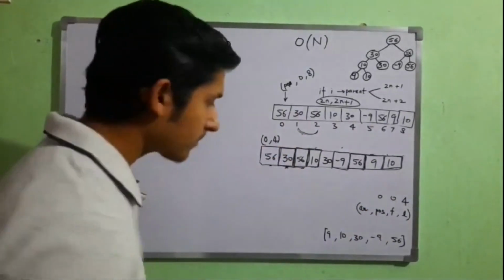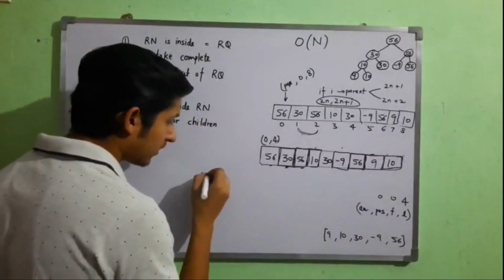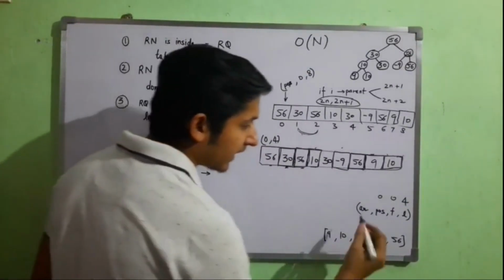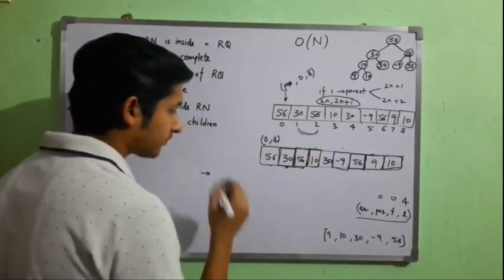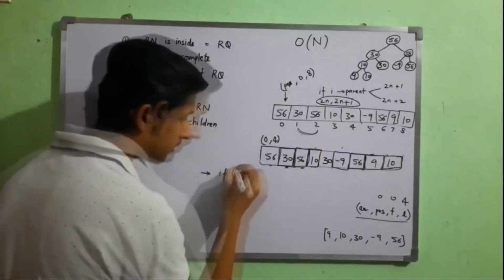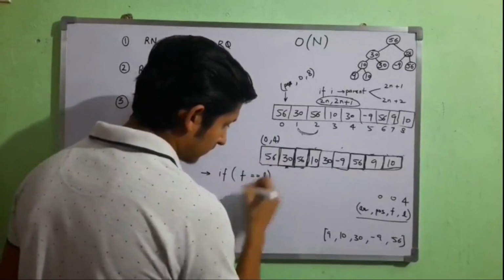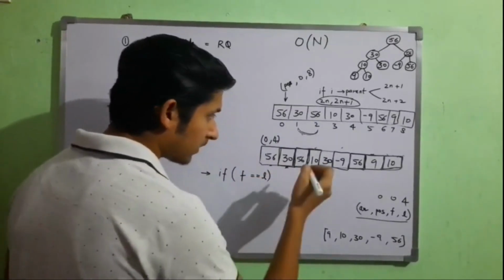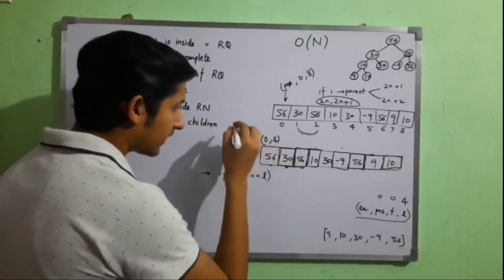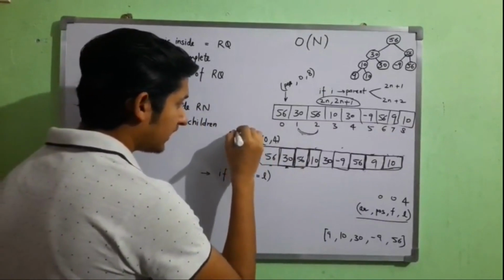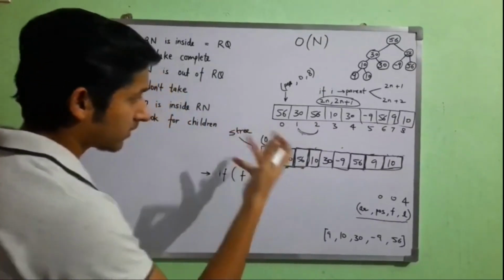So I can say while filling I'll get these parameters, and if first is equal to last, then okay, let's name this as segment tree. Okay, it's 3.